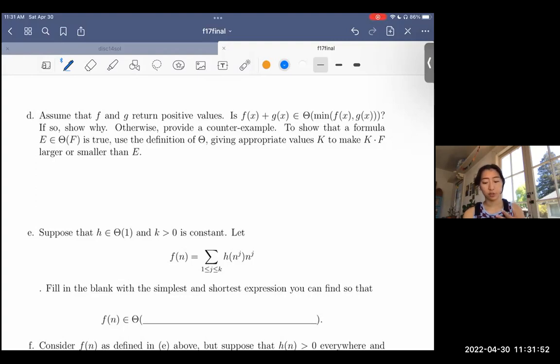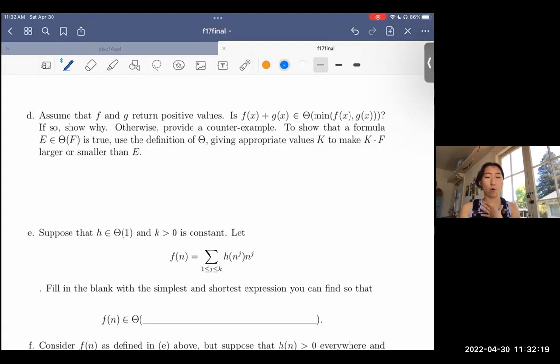And so what this question is basically saying is, if I have 2 different functions, f and g, or not necessarily different, but I guess 2 unique functions, f and g, is it true to say that the sum of those 2 functions is going to be upper bounded and lower bounded by the minimum of either of those functions?